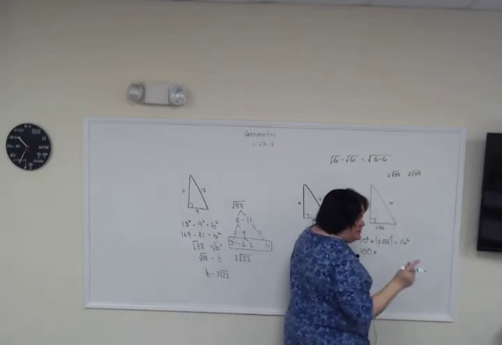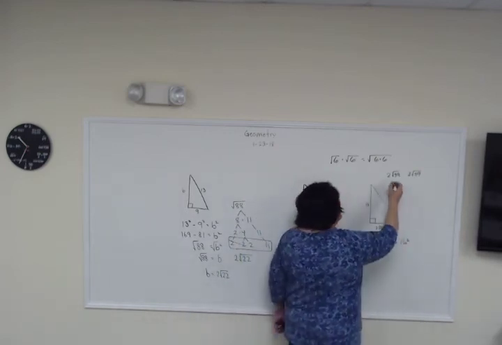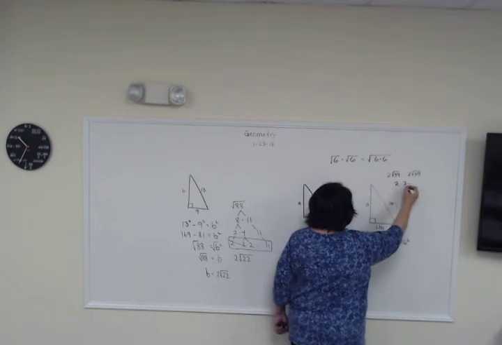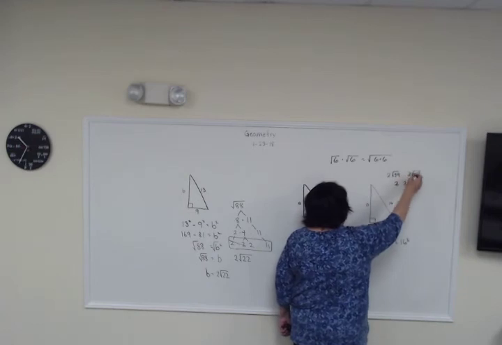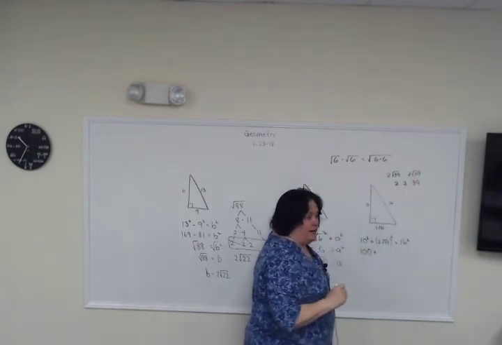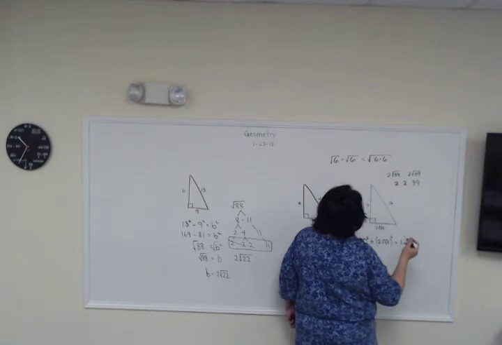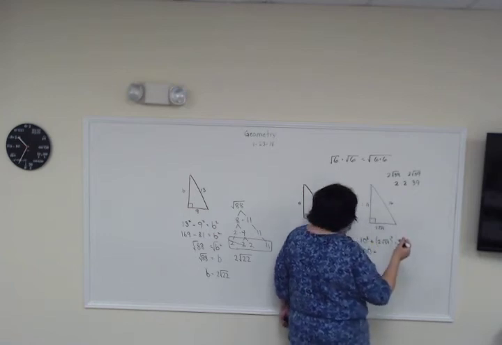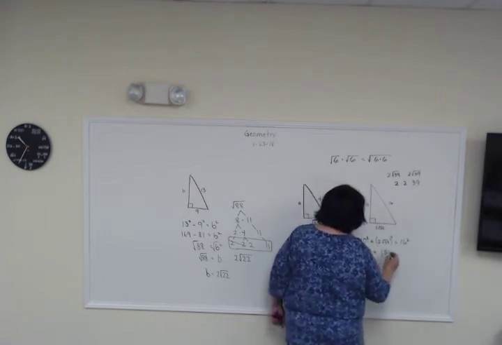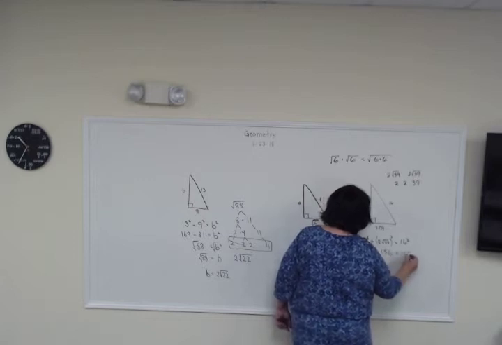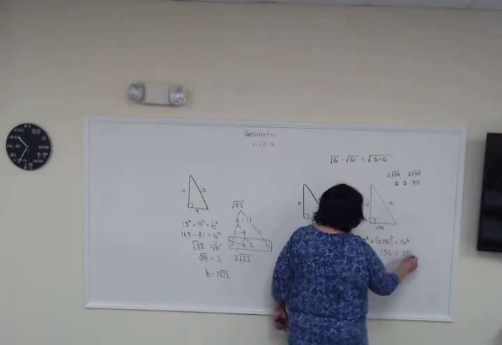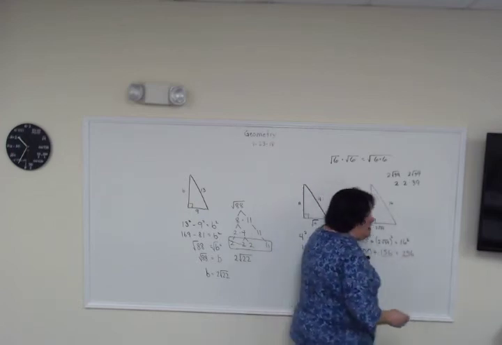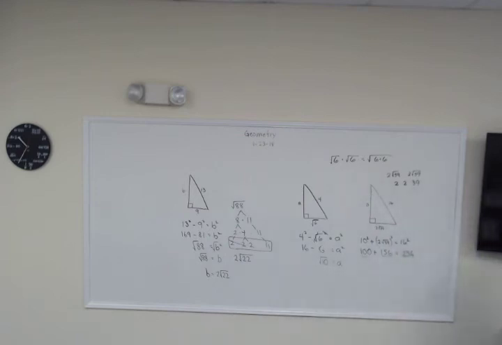So it's 2 times 2 times 39. 4 times 39 is 156, I think. Is that right? Yeah, that's right. And 16 squared is 256. 100 plus 156 does equal 256, so it is a right triangle.